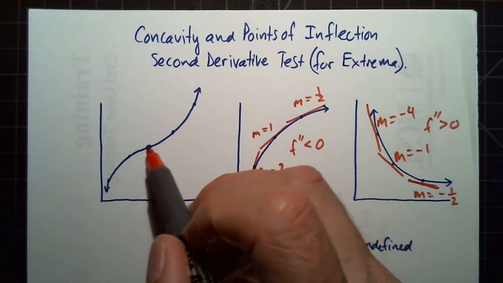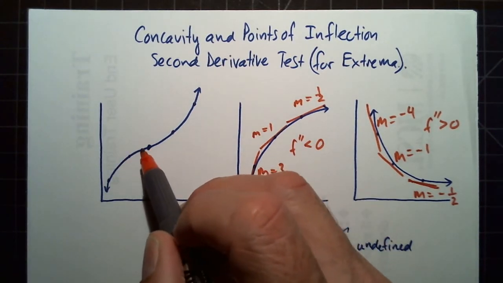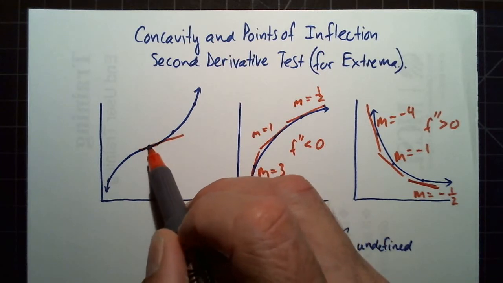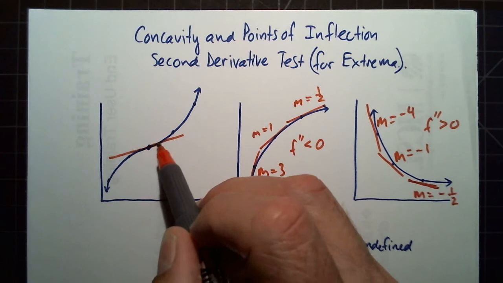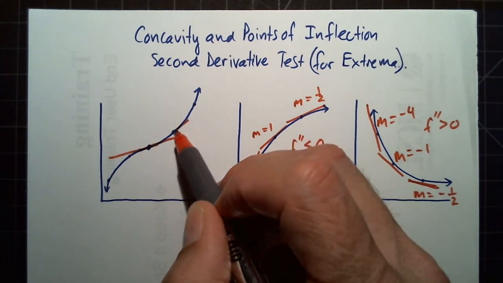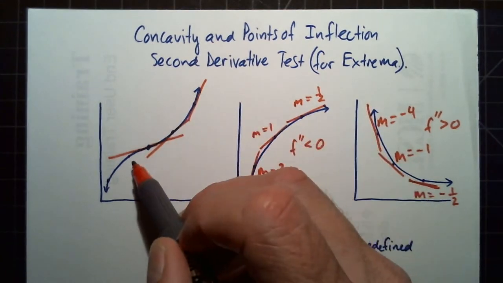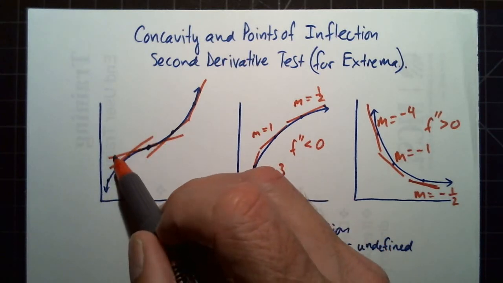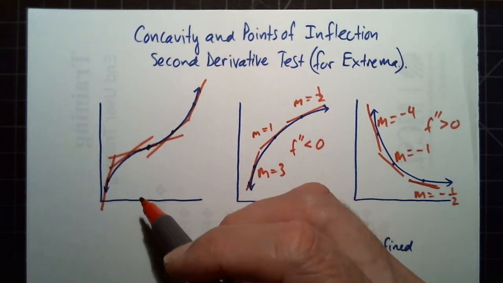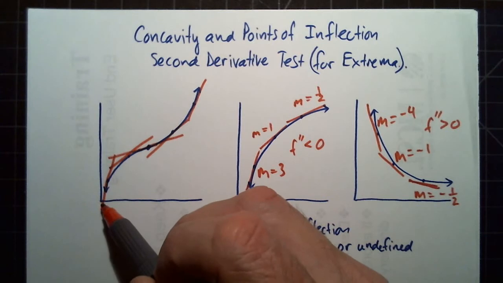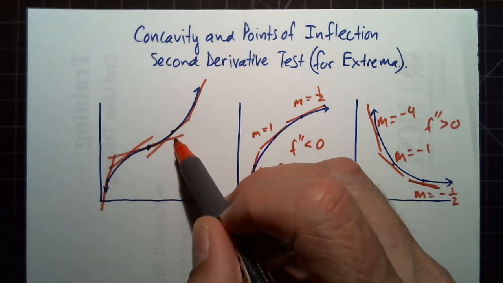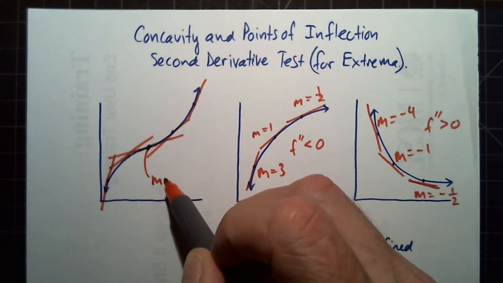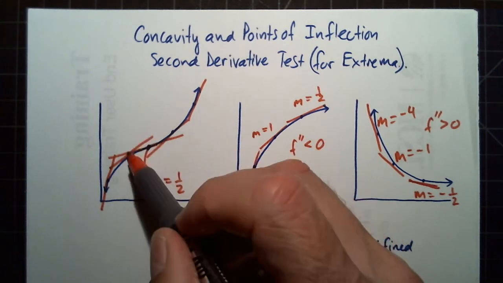When we look at this graph, the tangent line going right through that point might look like that. And then we have a tangent line here, there, and there. Let's look at the slope. This tangent line has a slope of about 1/2.